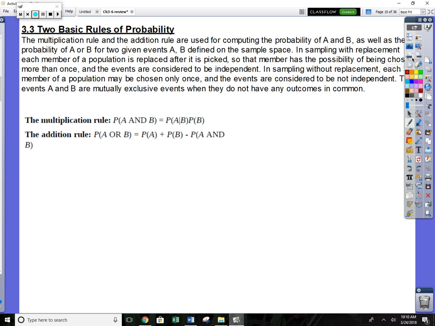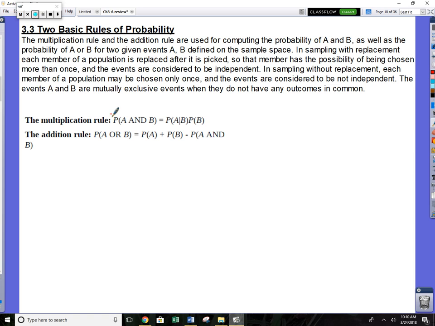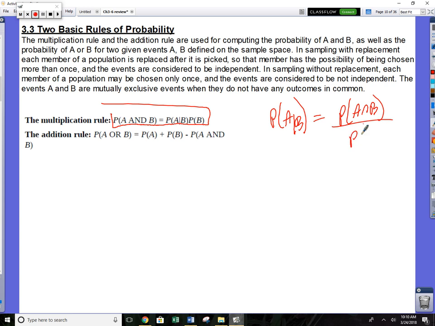So the last section in chapter 3 was 3.3. There are 2 basic rules of probability: multiplication and addition. And the multiplication, we've seen this. So the conditional formula is this: probability of A given that B happens is equal to their intersection divided by the probability of B happening.